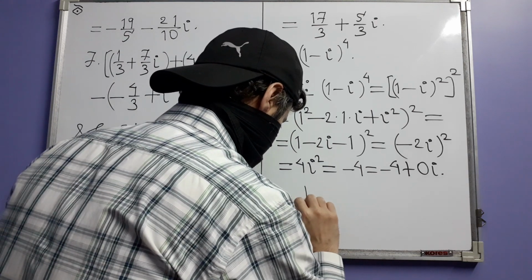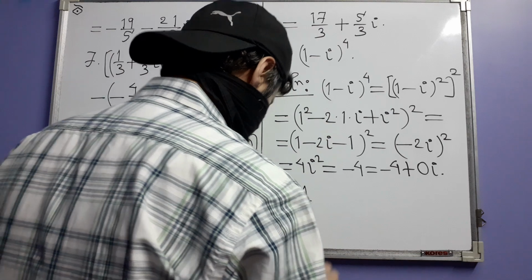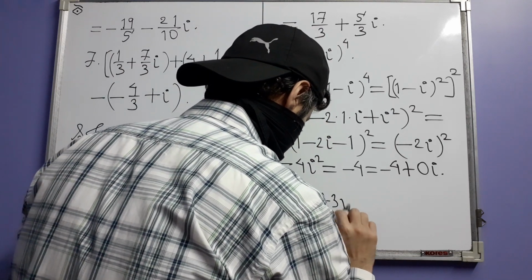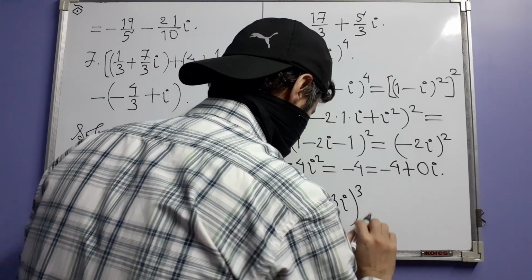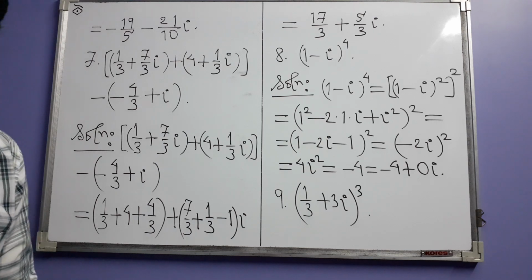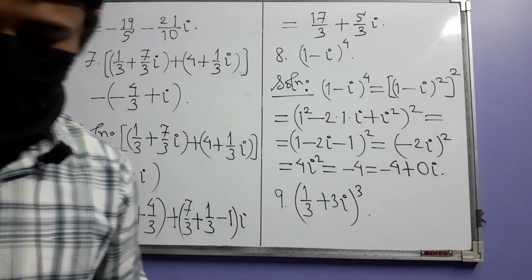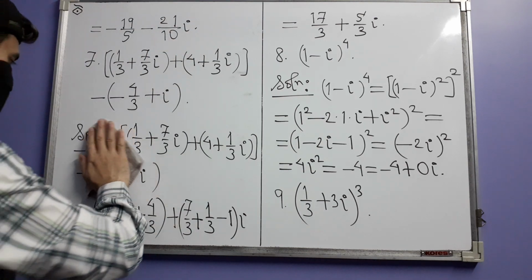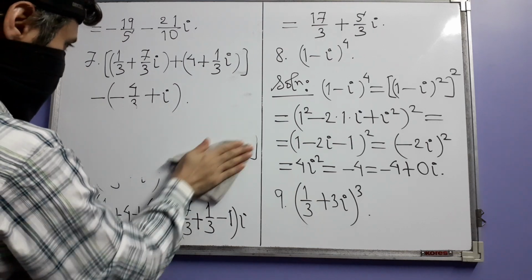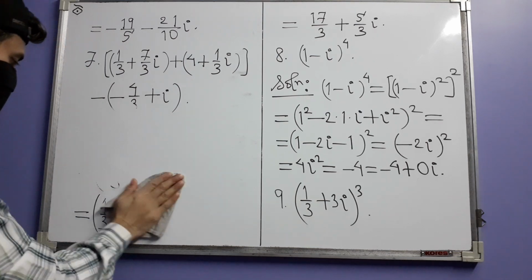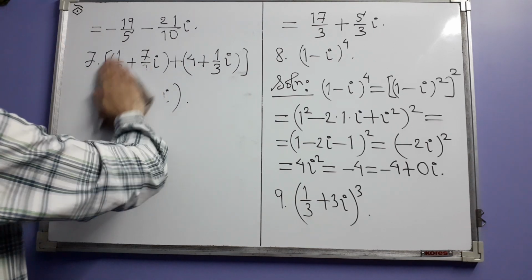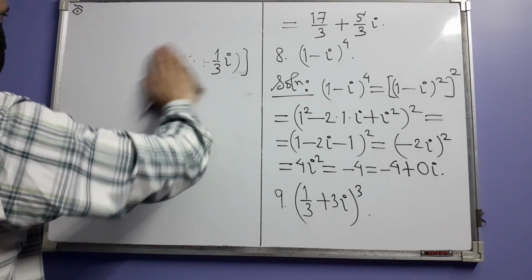1 over 3 plus 3i whole cube. Here you have to use the a plus b whole cube formula. The same formula that you have used always for real numbers is also available for complex numbers.